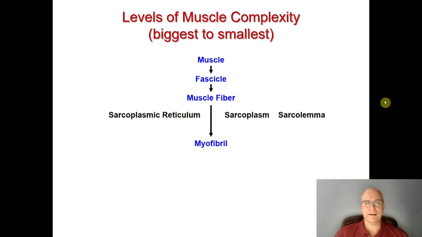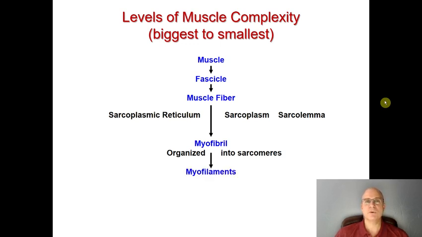Also within a muscle fiber, we're going to have many myofibrils, and the myofibrils we're going to see are organized into sarcomeres. Again, don't worry if you're not getting all the terms. We will be going through all of this stuff in this video and the next, so stay tuned.